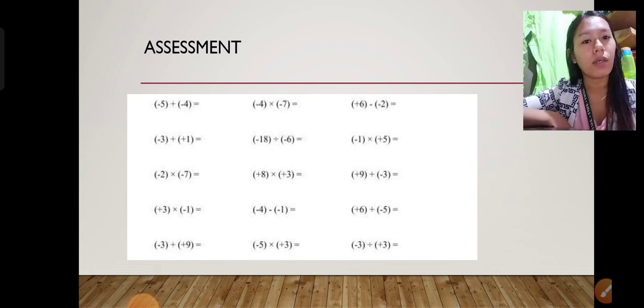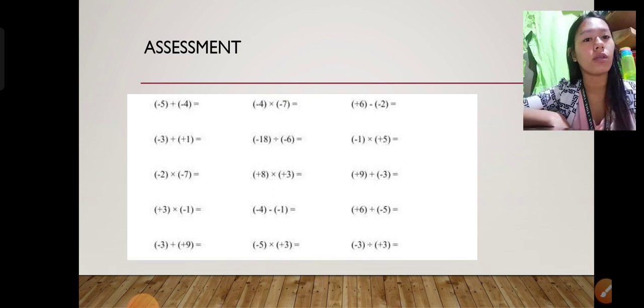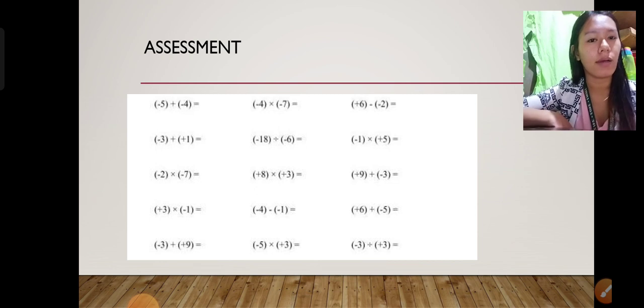Okay, so 2 times 7 is equal to 14, so positive 14. Okay, so next is positive 3 times negative 1.